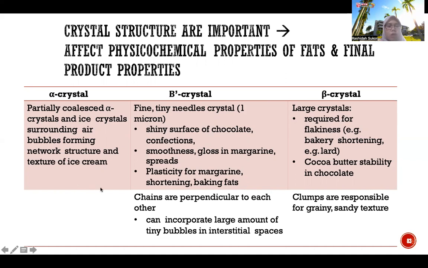This one we see in ice cream, because ice cream uses a lot of whipping, right, it uses air. Ice cream is actually a formation of air. There is a lot of air in ice cream, that's why it is more light. Most of the component of ice cream is actually air.